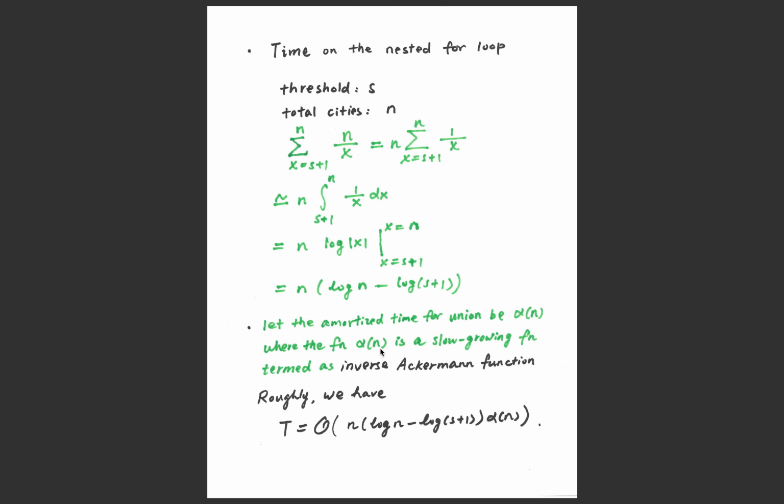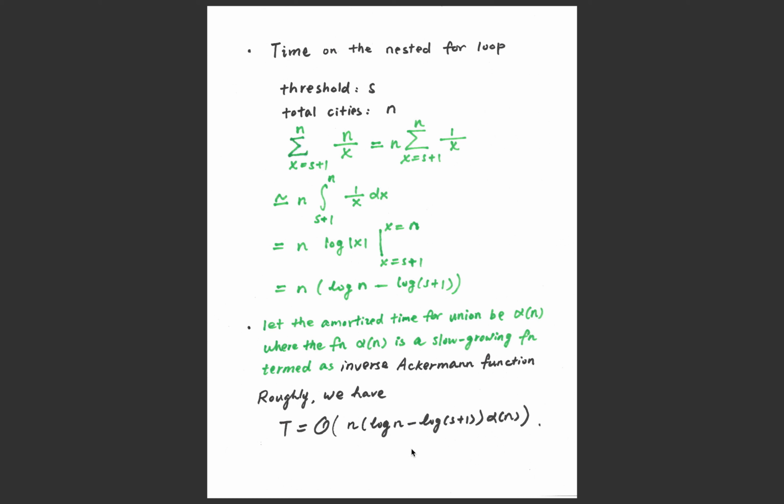This function alpha(n) is a slow growing function, and it has a name: the inverse Ackermann function. Roughly, if this is the time complexity for each union operation, then the total time is n times (log n minus log(s plus 1)) times alpha(n), up to a constant. So that's the full time complexity for this problem.